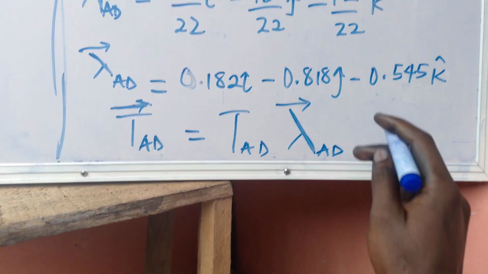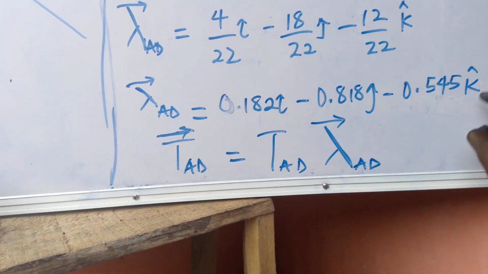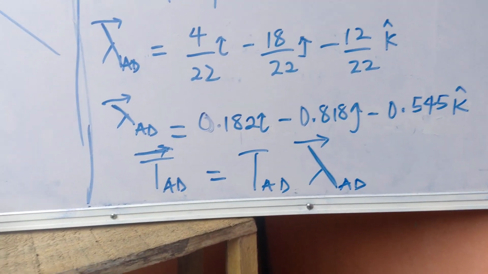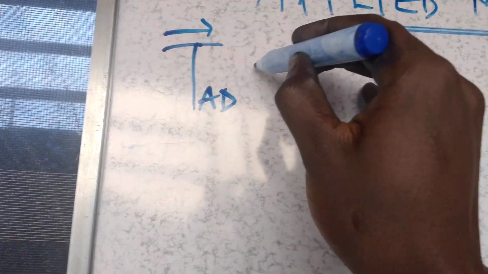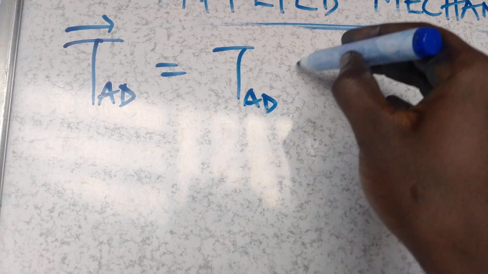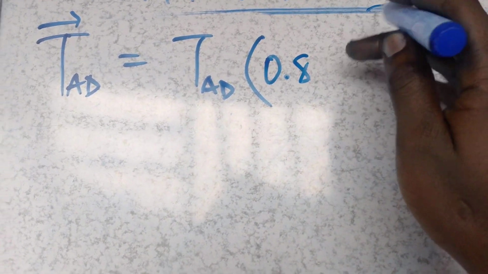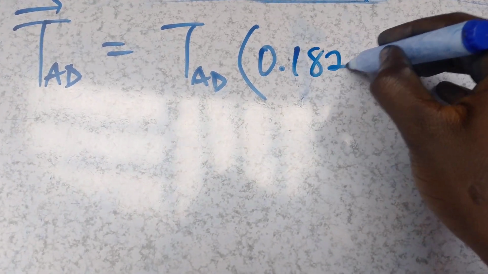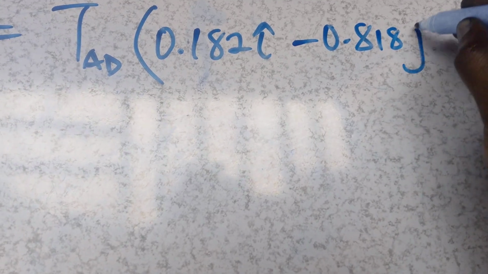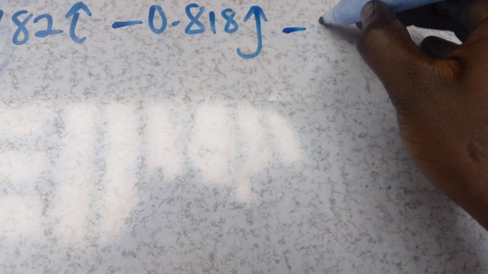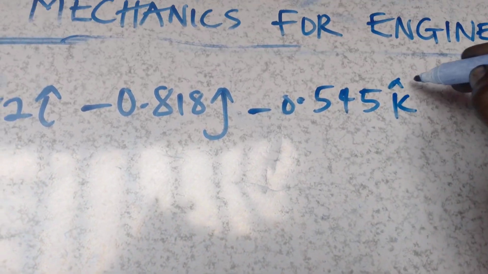Now substitute all these values, and the vector force TAD will be TAD multiplied by 0.182 i minus 0.818 j minus 0.545 k.